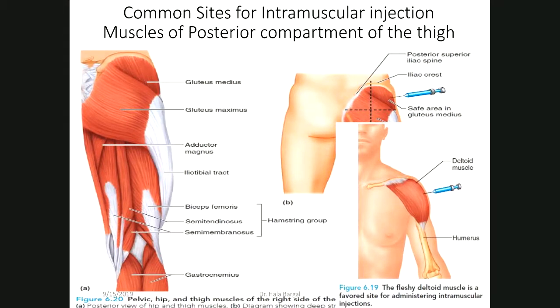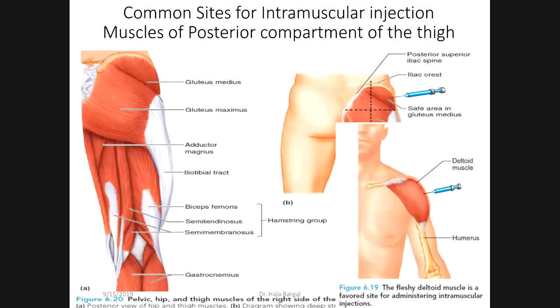Deeper to it is the gluteus medius, right, which is the common site for intramuscular injection. Deeper to the gluteus medius is the gluteus minimus. All the gluteus muscles are inserted in the gluteal tuberosity. The gluteal muscles are responsible for the standstill position.